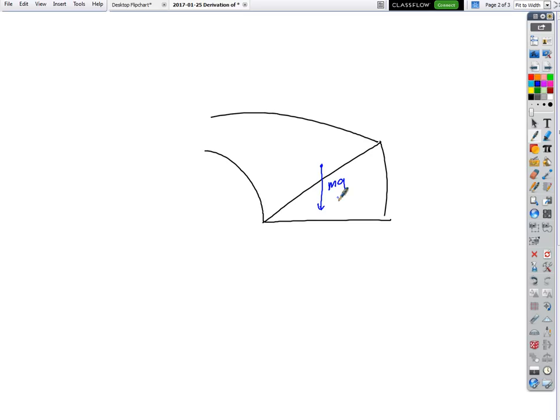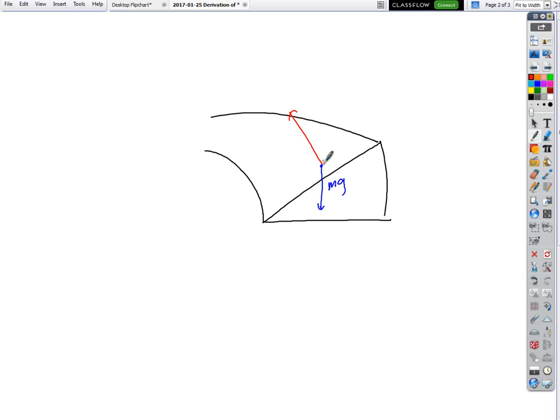What's the only other force acting then? Normal force, right? So the normal force is going to push up perpendicular to the road. Does the normal force have a component acting towards the center? It does, right? The normal force is not straight up and down.